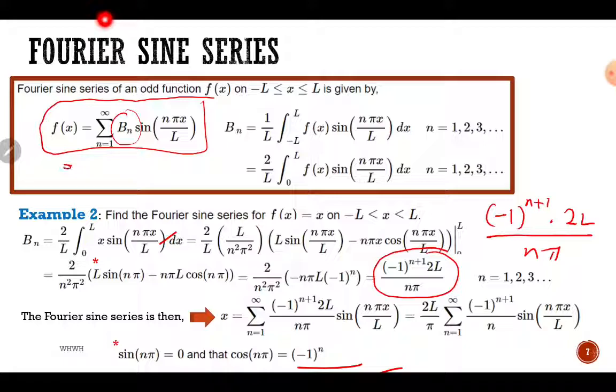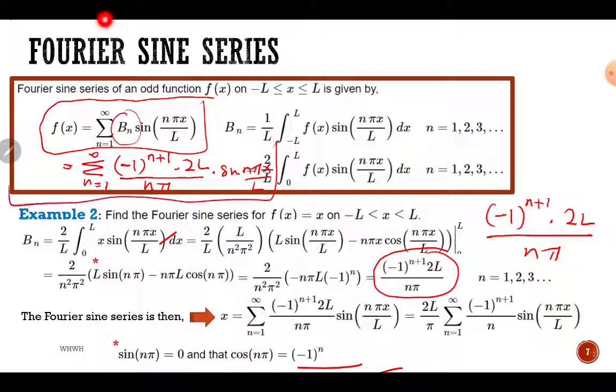So you have to lengkapkan, gantikan Bn kita sama dengan negatif 1 power of n plus 1 darab dengan 2L over n pi darab dengan sin n pi x over L. Inilah yang kita katakan sebagai Fourier sine series.